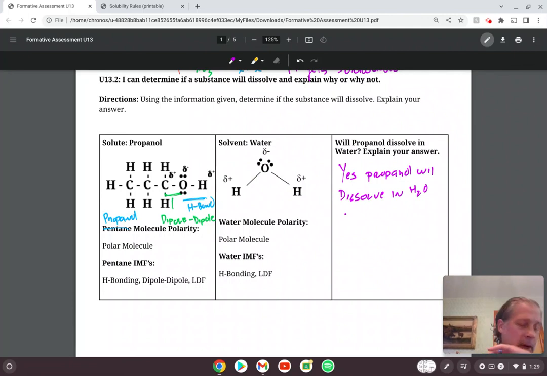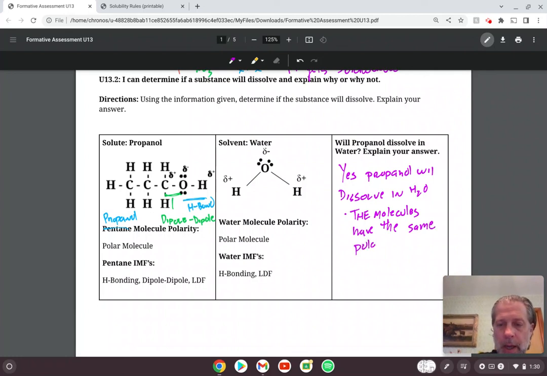And our reasoning is going to be kind of important. One of the things we're going to say as part of the reasoning is that they have the same polarity. That's important because they're both polar.